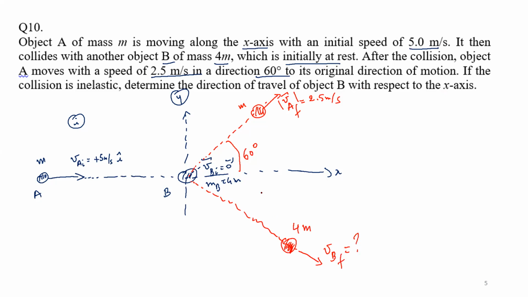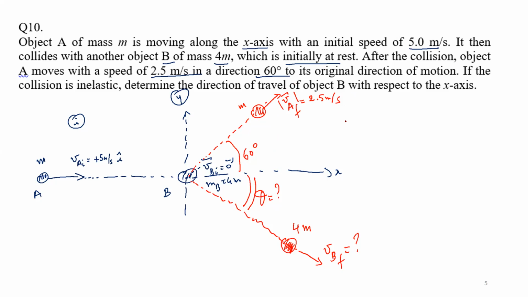I can ask for it, but here the question is, what is this angle theta? What is this direction for B? So after collision, I have a glancing collision. A goes in this direction with this speed. B goes in this direction with a speed that I don't know, but I can find it, with an angle that I don't know, and I can find it.